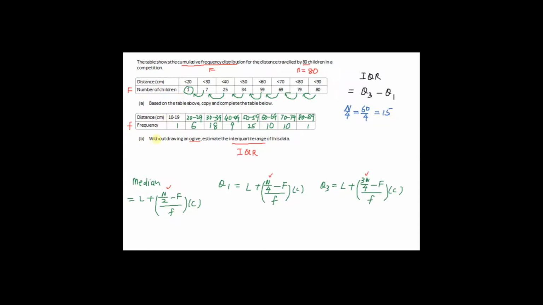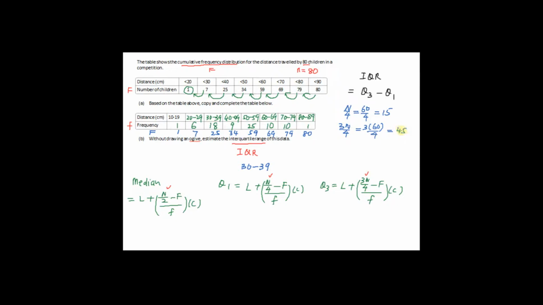You look at the cumulative frequency here: 1, 7, 25, 34, 59, 69, 79, and 80. So your 15th observation, that is your Q1, will be somewhere in 30 to 39. For Q3, that is 3N over 4, 3 times 60 divided by 4, which gives you 45.